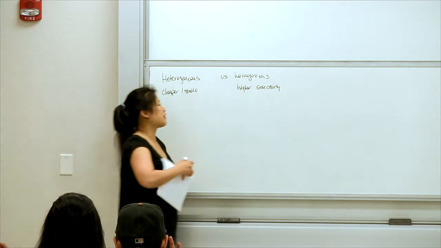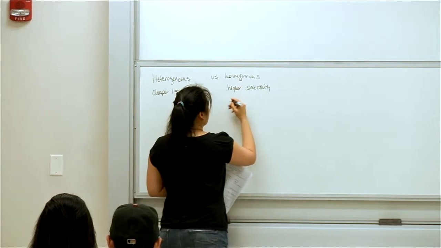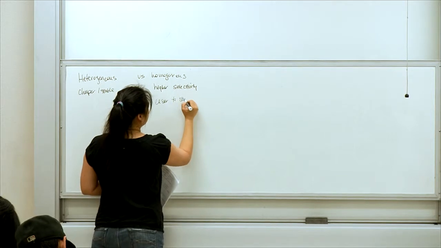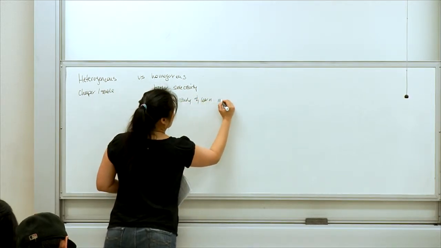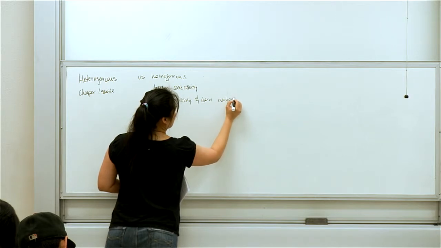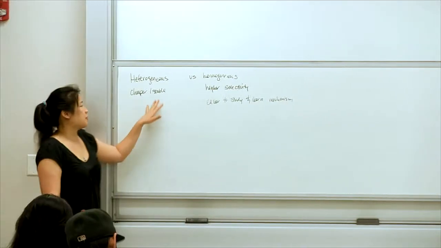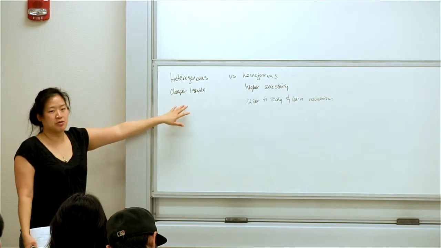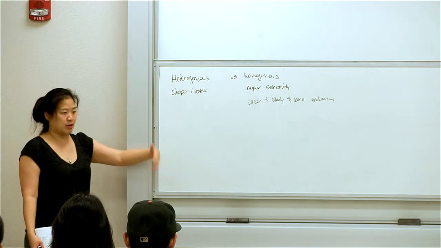And the biggest advantage of homogeneous systems is that they're easier to study and learn about mechanism. Because in the end, if you want to improve a heterogeneous catalyst, they don't know a lot about what happens in the mechanism, so it gives you no good starting point for how to improve a catalyst.